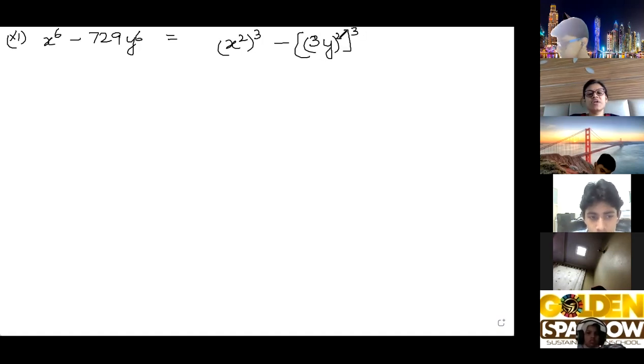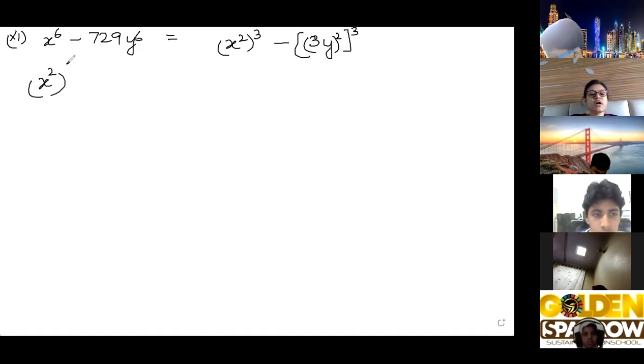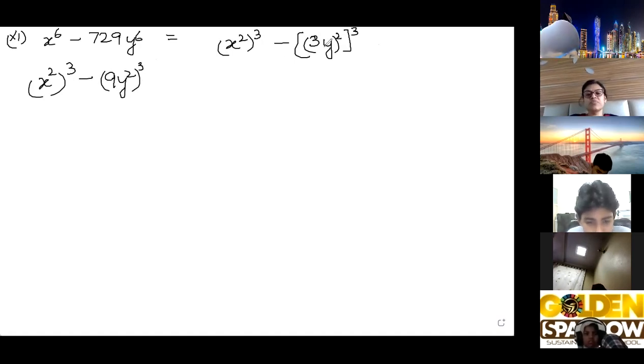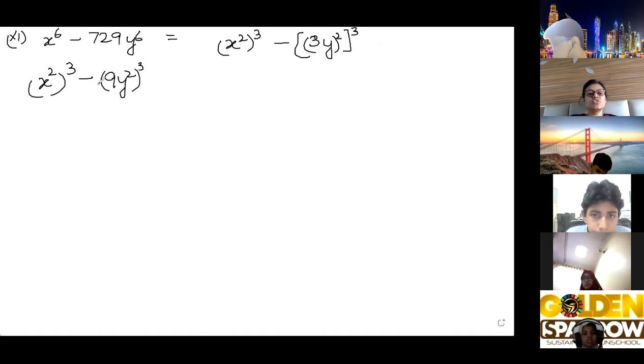Y square also gives you 6. Also you can write it as x square whole cube minus 9y square whole cube. Same thing, 3 square is 9. I wrote 9 because it was getting a little confusing.